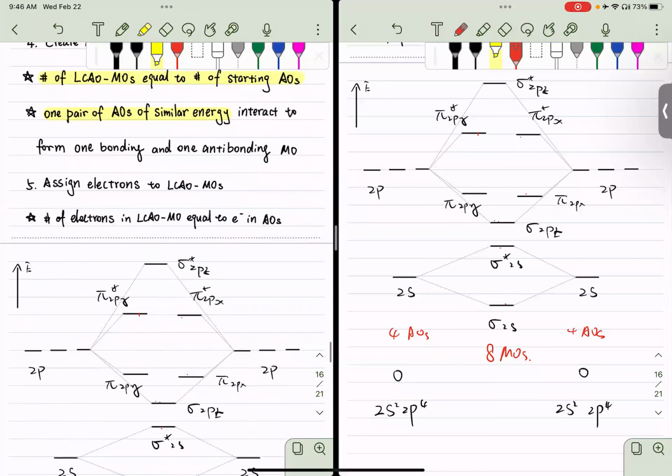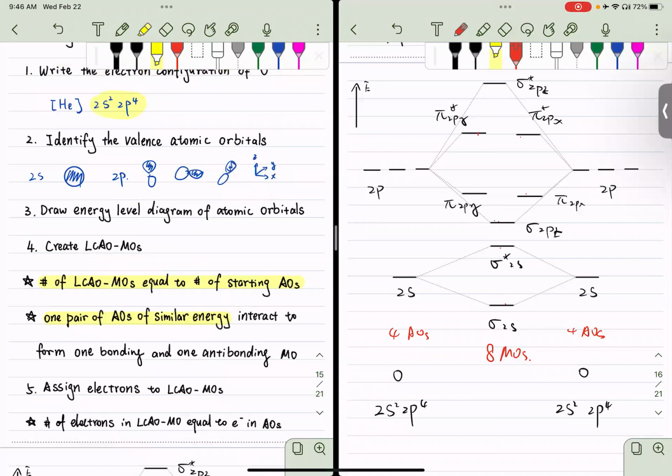The next step is to assign electrons into the molecular orbitals we created. In the valence shell of oxygen, we have 2 electrons in 2s and 4 electrons in 2p. On the right-hand side, it's the same. 1, 2, 3, 4, 5, 6.